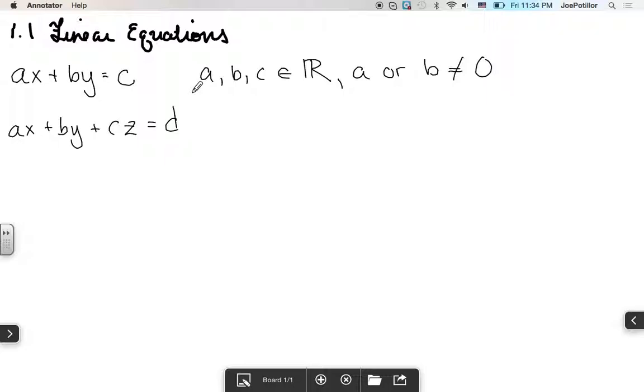And of course, one of A, B, or C cannot be 0. It doesn't matter which. And in this situation, A, B, C, D are elements of real numbers. Now, I could have as many variables as I want in a linear equation. Doesn't matter, as long as one of the coefficients is not 0, and every variable has degree 1.